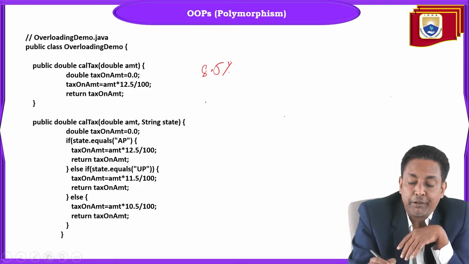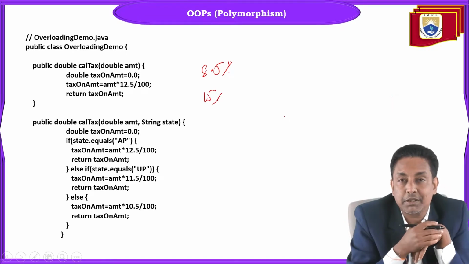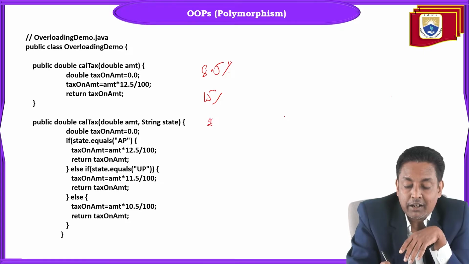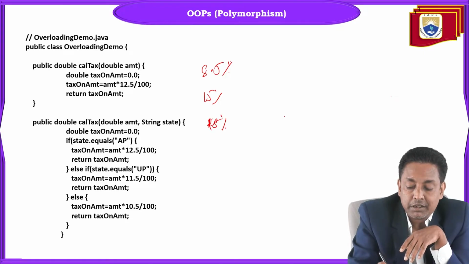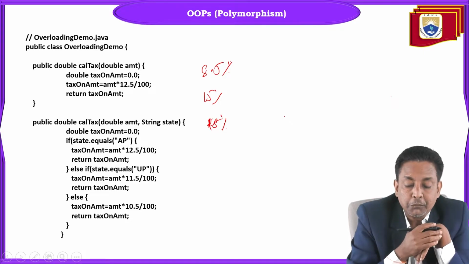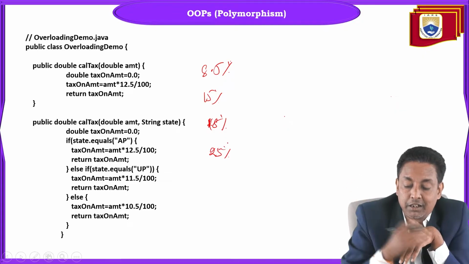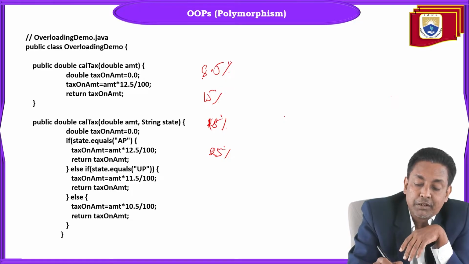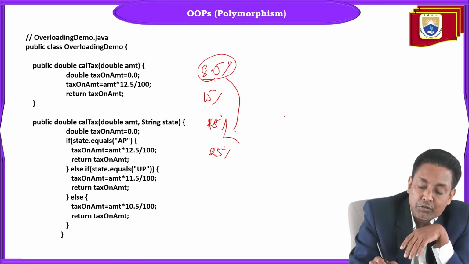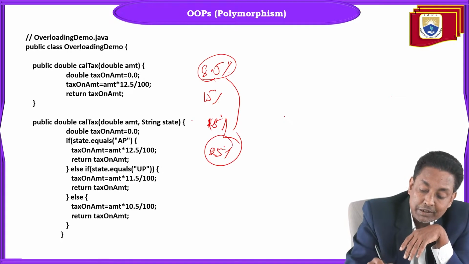For perfumes, the tax is 15%. For electronic items, the tax may be 18%. On some export goods, the tax may be 25%. The taxes range from 8.5 to 10, 15, 20, 25% sometimes.